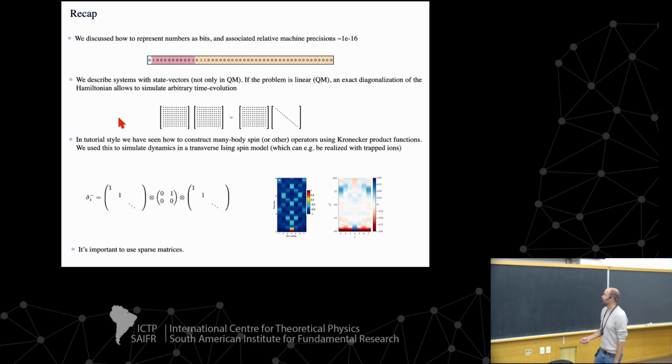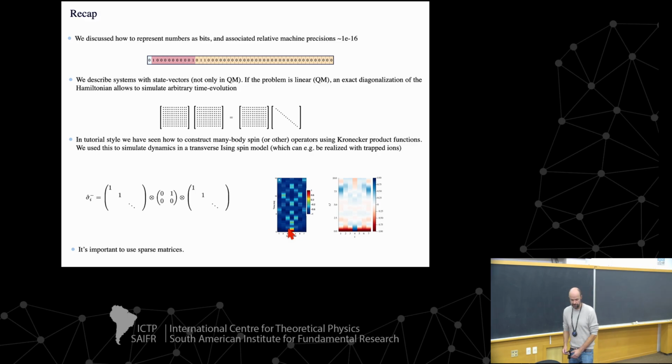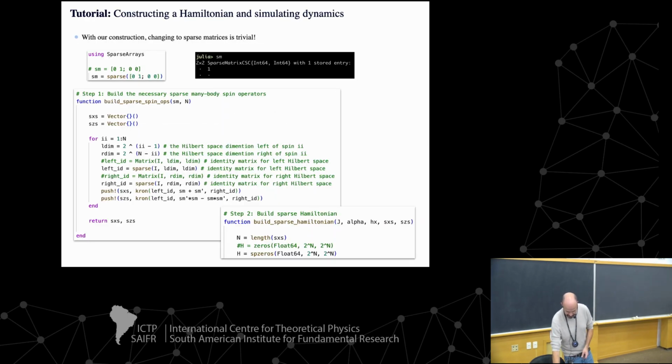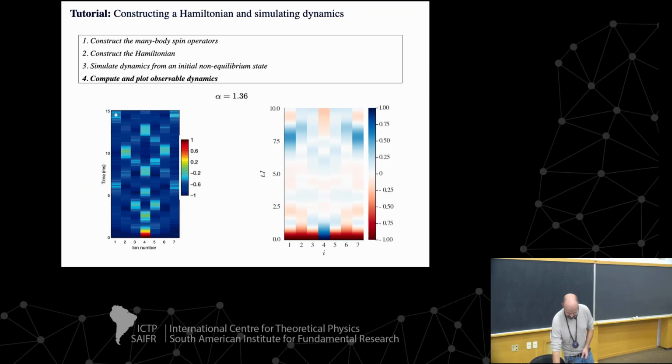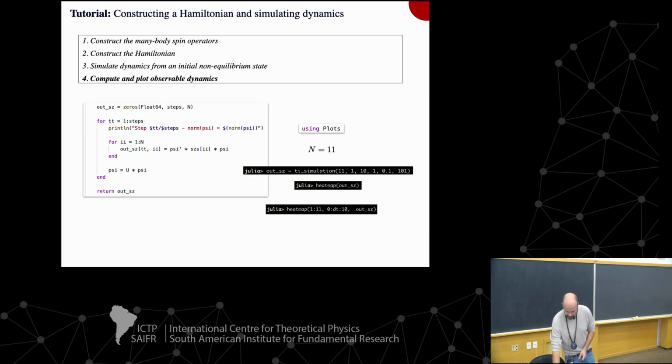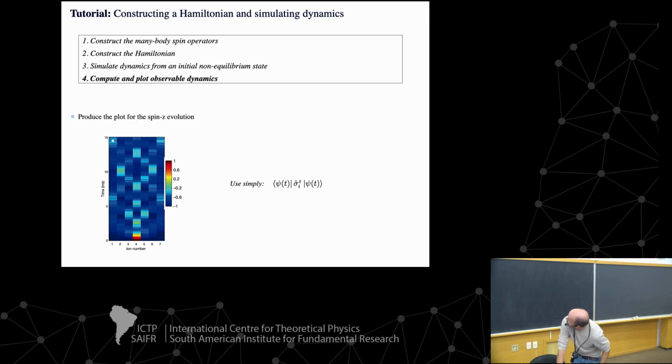And then we applied this for the spin model dynamics, where we have this transverse Ising model with one flipped spin in the beginning, and then just looked at the evolution of this. And we stopped around here, essentially. Of course, we didn't plot anything yet so far. We just evolved our vector.